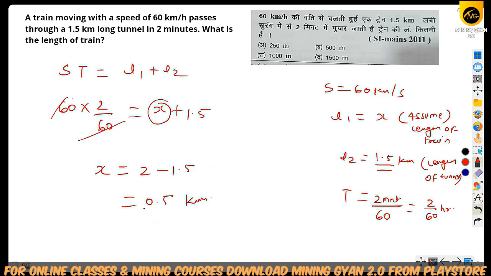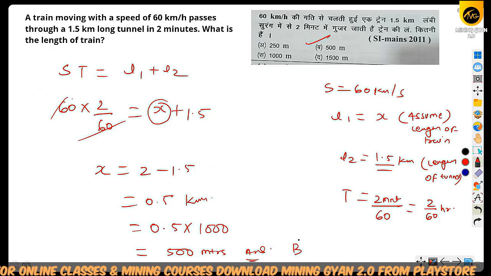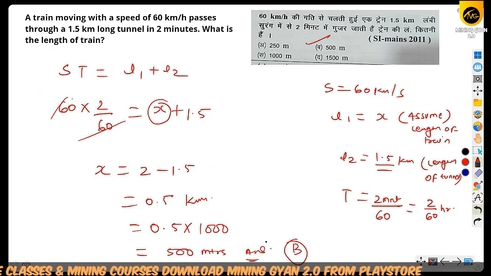So just multiply by 1000, and it will be converted into meter. So it will be 500 meters. So answer is option B. So basically the total length of train is 500 meter.